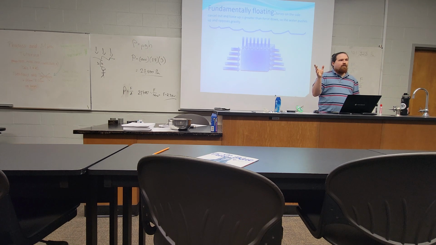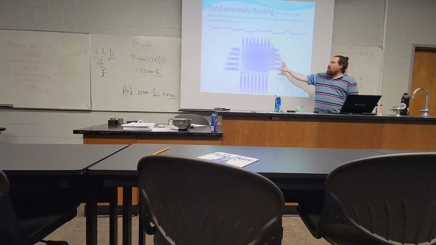And inward would point down on the top of this flat cube. Now on the bottom of the cube, inward points up, and the bottom is at a greater depth than the top. So the water pressure is greater on the bottom, therefore the inward pointing forces are going to be bigger than the ones at the top pointing down.